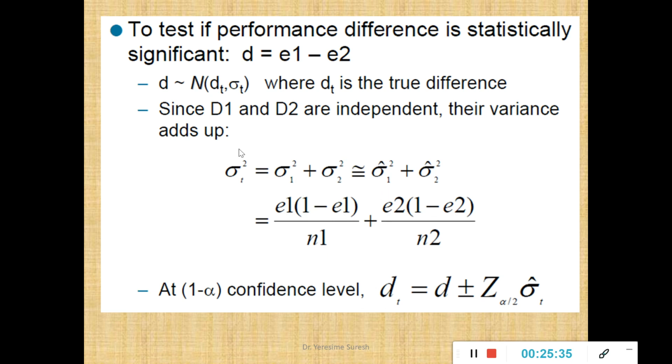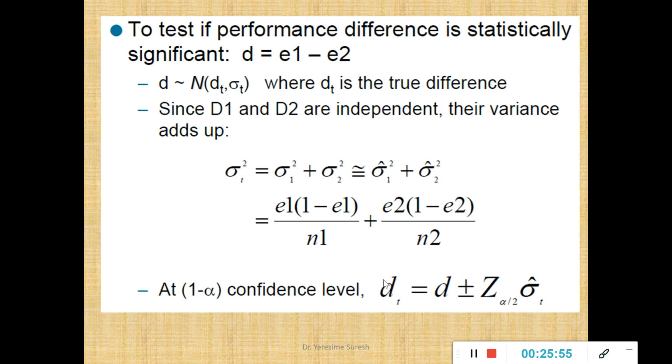Just remember, the variance of a given model is equal to this equation, E1 into 1 minus E1 divided by N1 plus E2 into 1 minus E2 divided by N2, at 1 minus alpha confidence level. So 1 minus alpha is your confidence level, Z alpha is your confidence interval.